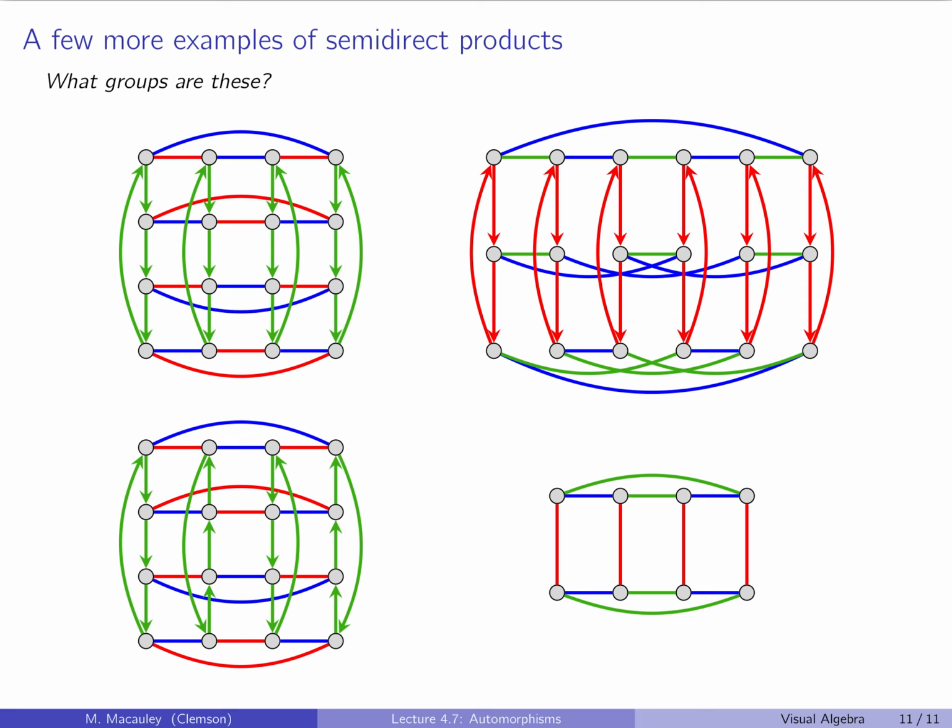Finally, I want to finish with several examples of semidirect products, and I encourage you to think about what groups these are. So what are the things that are being rewired and which ones are not? We actually saw this one in this lecture. This is a semidirect product of V₄ and C₂, which is the dihedral group. What about this one? What's being rewired here?